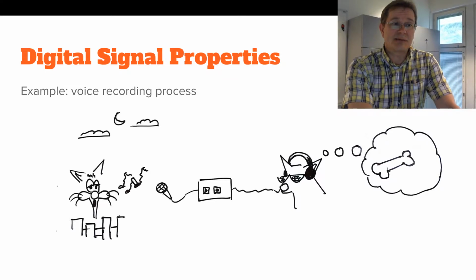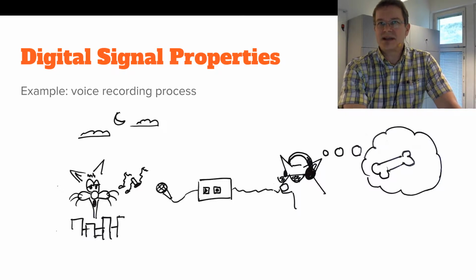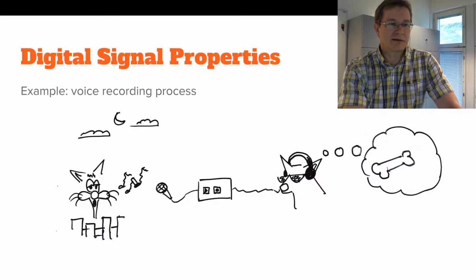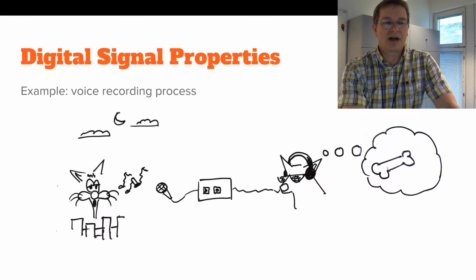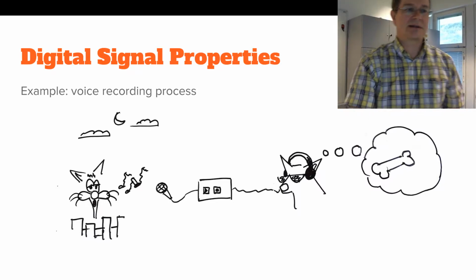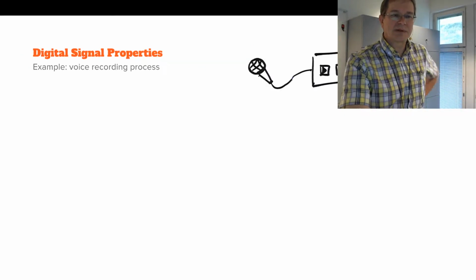So digital signal processing, that's just a general idea of what we are talking about. It's that recording box there. So basically there is some voice source and a microphone or a sensor to record that stuff or get the signal. Then you get a sampler that actually records the stuff, and then you can start analyzing it. So that's basically the voice recording process.